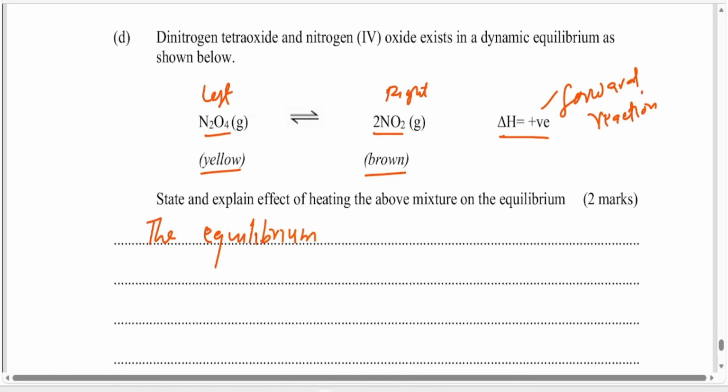The equilibrium will shift to the right. After saying that, you can now explain why the equilibrium shifts to the right.